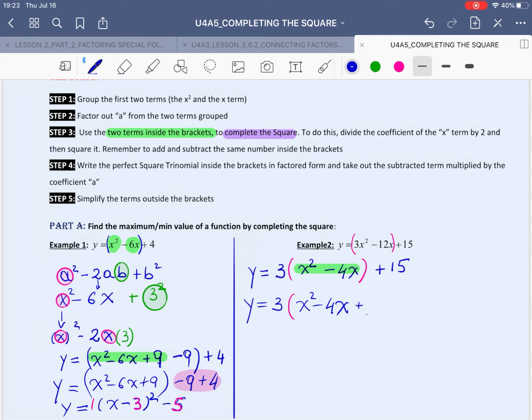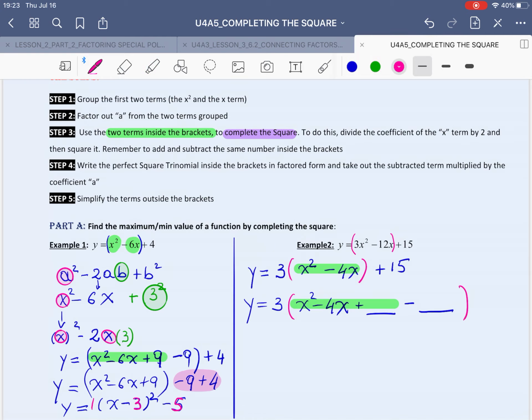And I have to think of what number to add and in the meantime subtract in here so that I make a perfect square trinomial somewhere in here. Okay? I want to make this a perfect square trinomial.